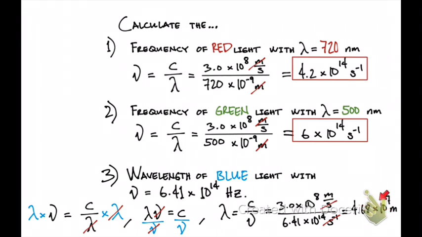So if you get this, and it's asking for nanometers, then you have to convert this to nanometers by simply multiplying this by 10 to the 9th power, or divide it by 10 to the negative 9 power. It doesn't matter, right? So this is equivalent to 468 nanometers.